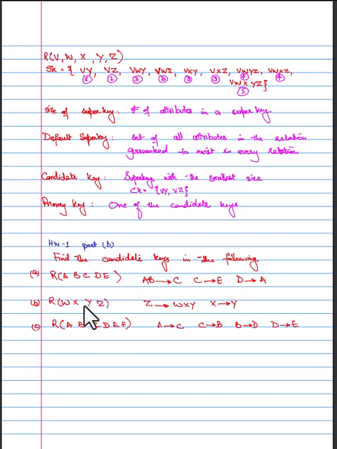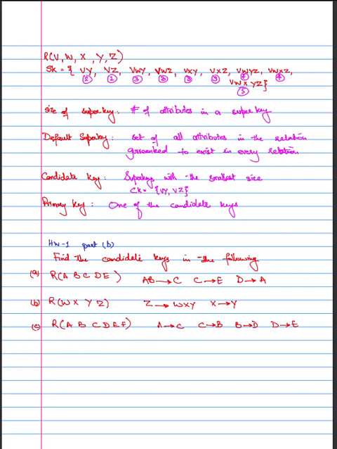This is another example. Find the candidate keys in the following. This is for you, solve these at home. R is defined over A, B, C, D, E, and these are the relations given.